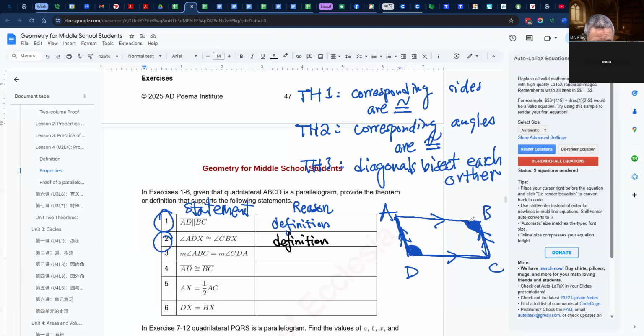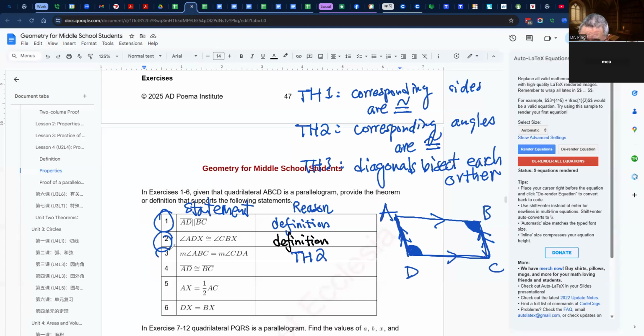So which theorem is that based on? Yeah, so we've got theorem one, theorem two, and theorem three. Which one do you think makes sense? Yes, it's theorem two. Very good.